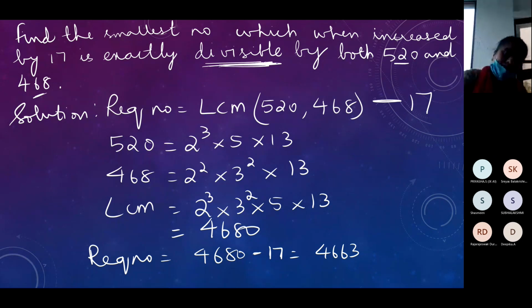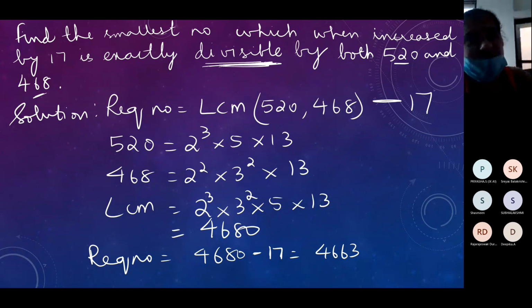So after finding the LCM, you decrease it by 17. Then when you increase it by 17, it will be divisible. Should not add 17; should reduce it by 17. So 4663 is the required number. When you increase it by 17, it becomes 4680, and that is divisible by 520 and 468.